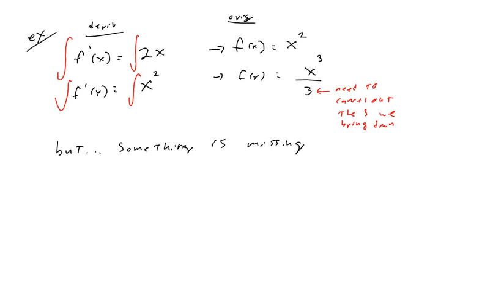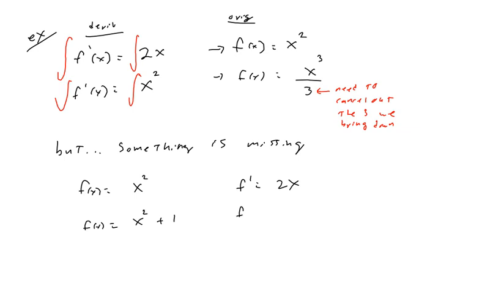When I do a derivative, let's say, for example, if I have f of x equals x squared, I know that the derivative is 2x, right? But what if I have f of x is x squared plus 1?